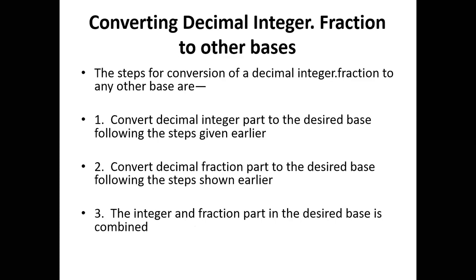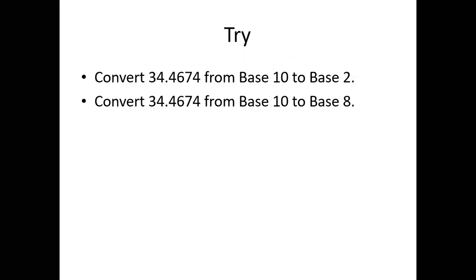Now, when we are converting, let's say I have a number 23.79, for example. When it comes to conversion, you convert the integer part the way we did, and then you also convert the fractional part, and then you put them together.